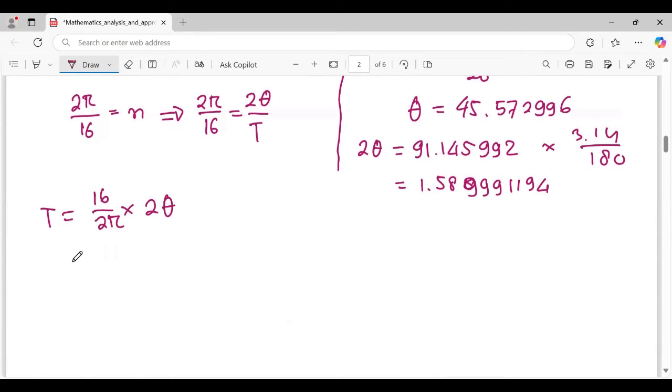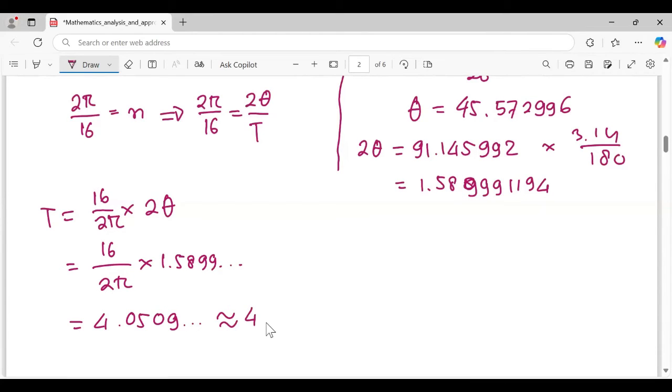So it's going to be 16 over 2 pi times 1.5899, and so on. And the result, I have calculated this, is 4.0509, rounded to 4.05 seconds.